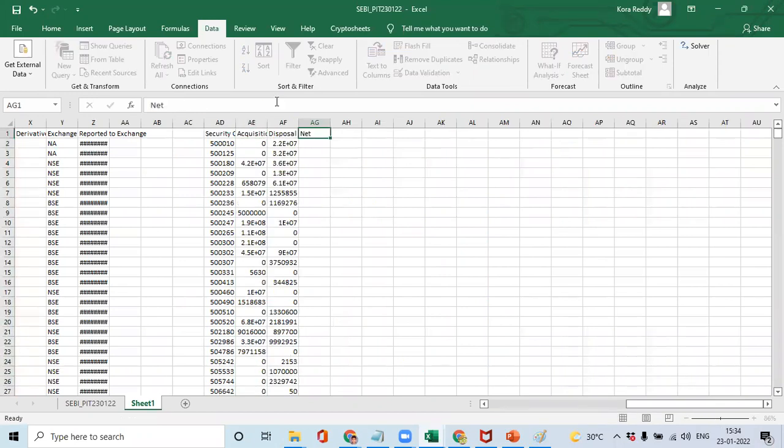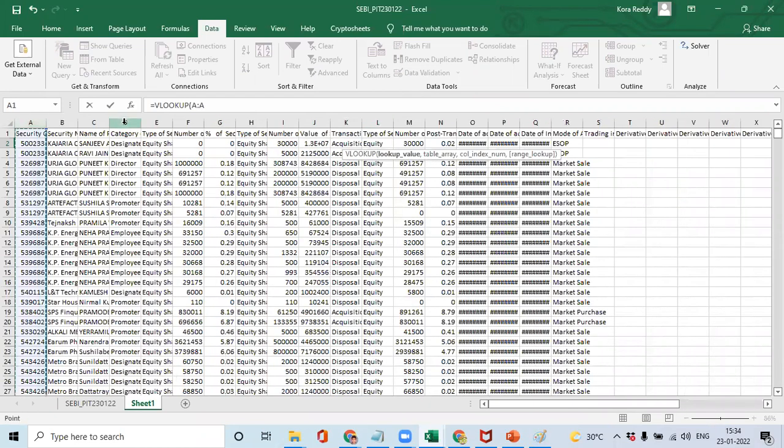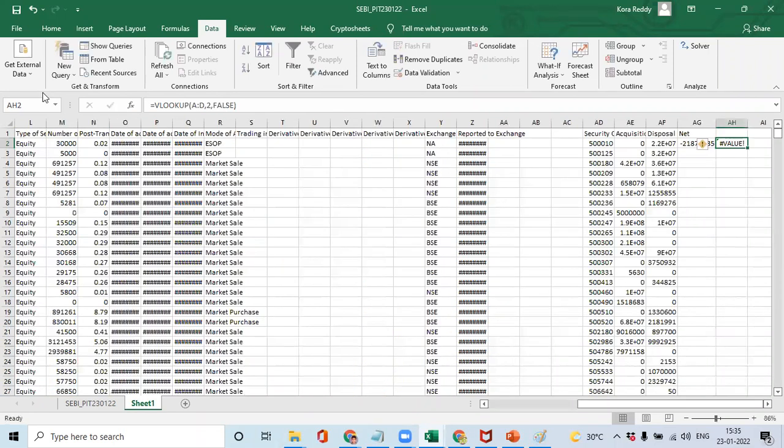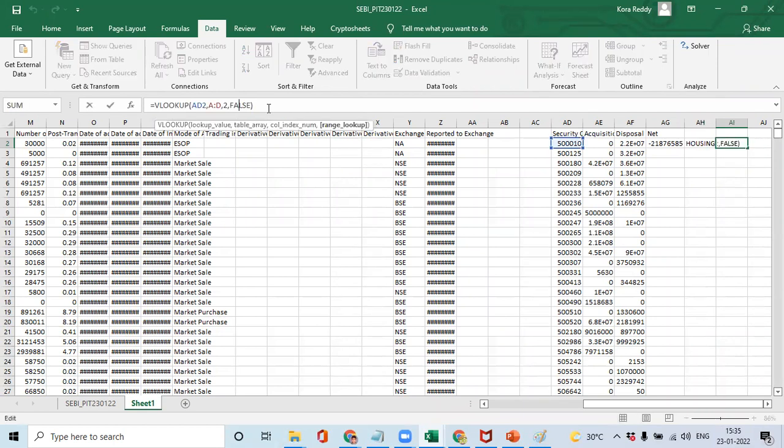My net is acquisition minus disposal. I also want to know the name of the company, which is second. Then I want to know that guy's name, which is third, I think.